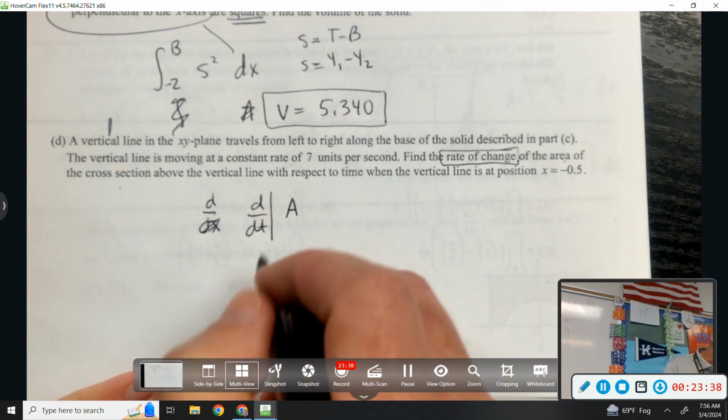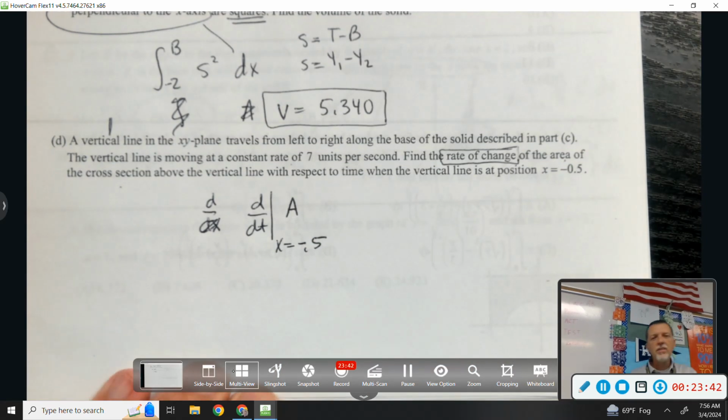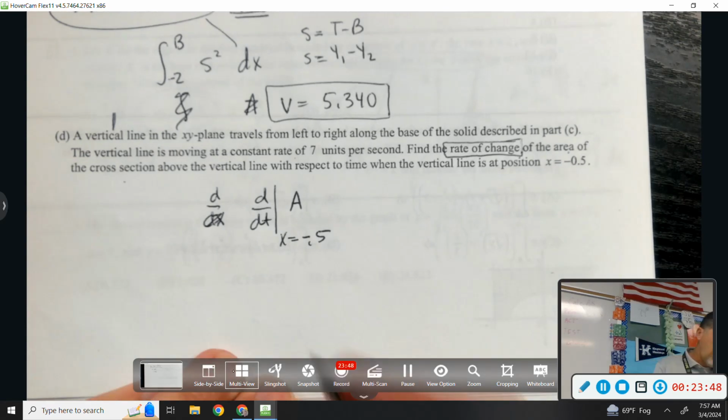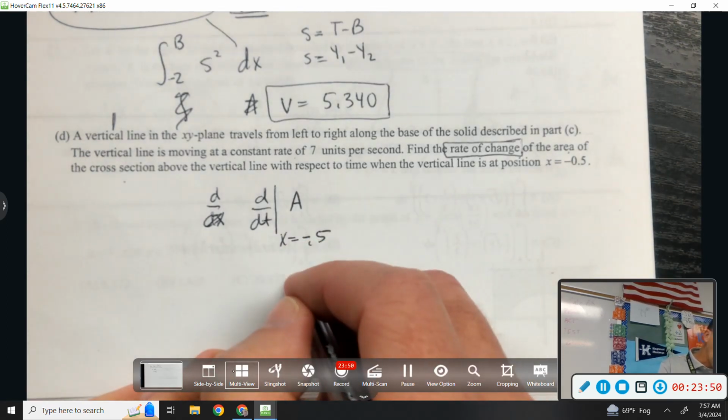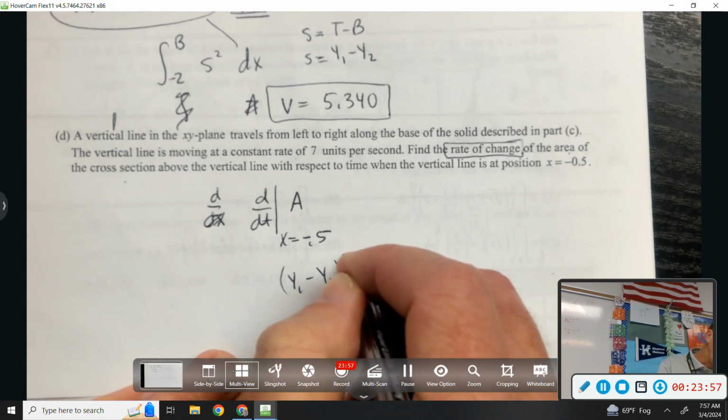So I want the derivative of A with respect to t when x is negative 0.5. Well, the area was s squared. That was top minus bottom, y1 minus y2, squared.